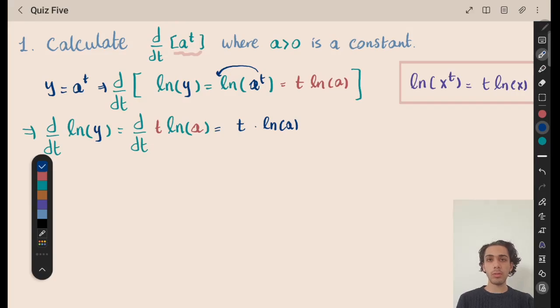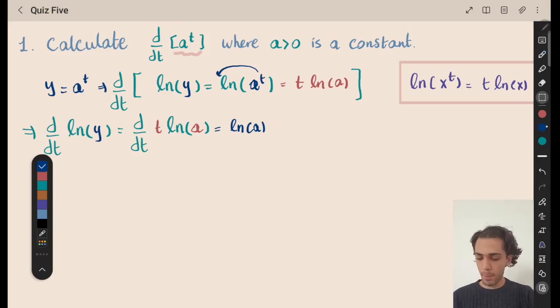You could do this in multiple different ways, but the simplest one is you bring the 1 down, and then you have t to the 1 minus 1, which is 0, and anything to the power of 0 is 1. We have 1 times 1, which is 1. Now I'm kind of hand-waving this because it's obvious, to some extent.